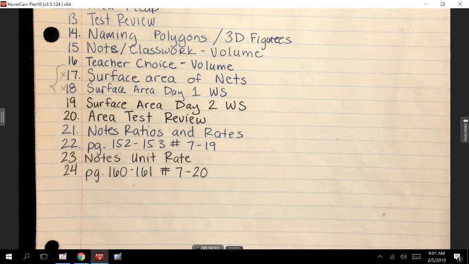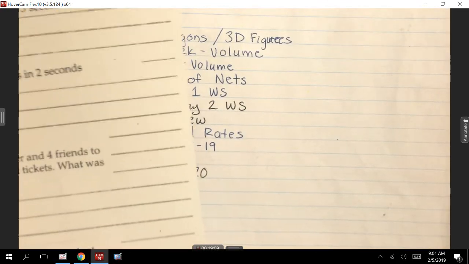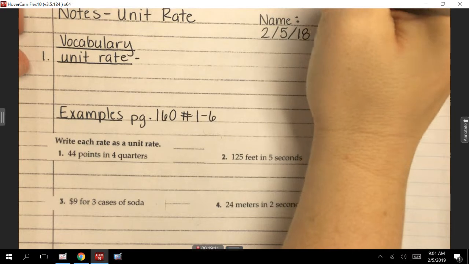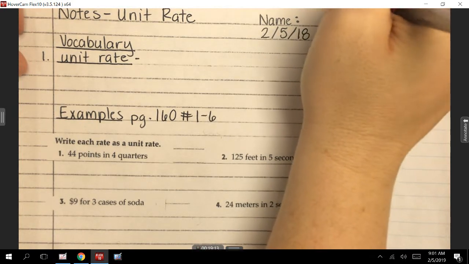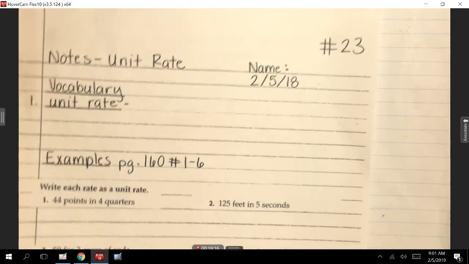Make sure you're filling those in. Make sure you number your notes number 23. Make sure you put your name on them.